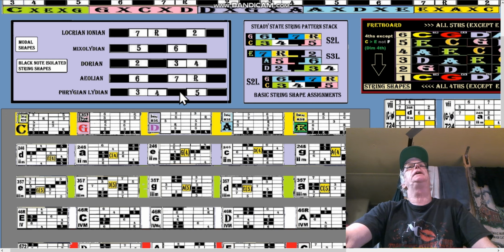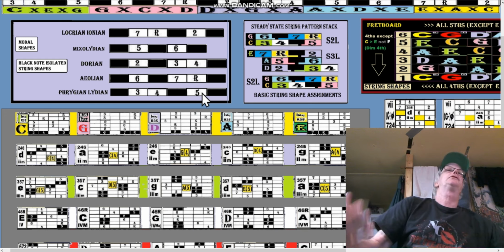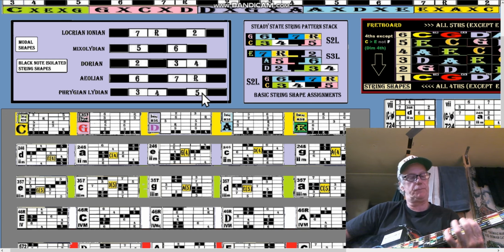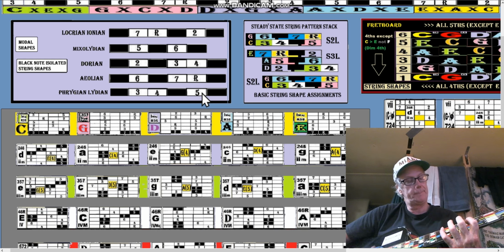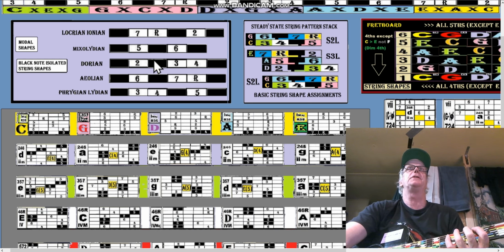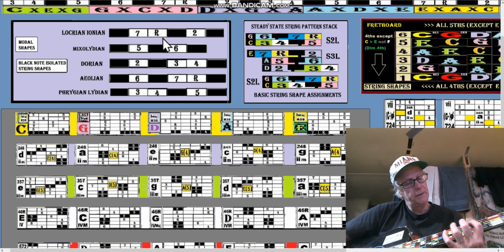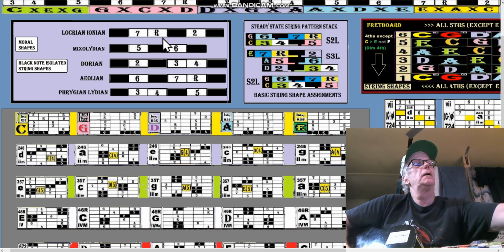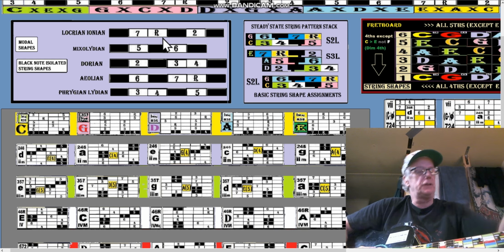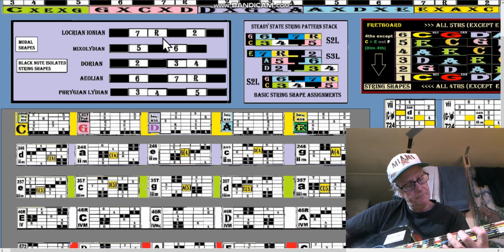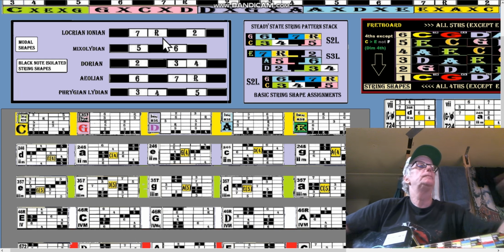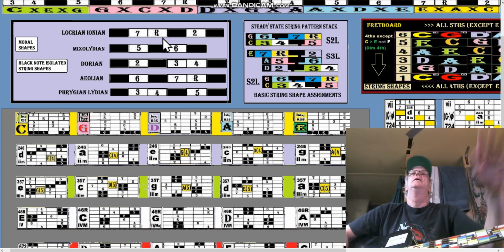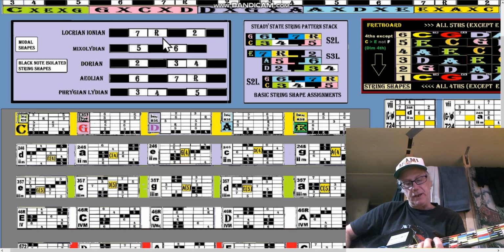This is the Phrygian Lydian. So if you're in a certain key, let's say key of C, you start at 3, 4, 5, and just go up. Now this isn't the pattern, you can follow the pattern. That's Phrygian. Lydian would be. Alright. So Aeolian would be off the 6th.